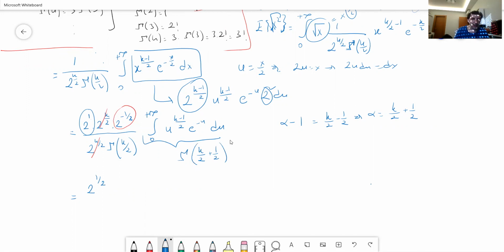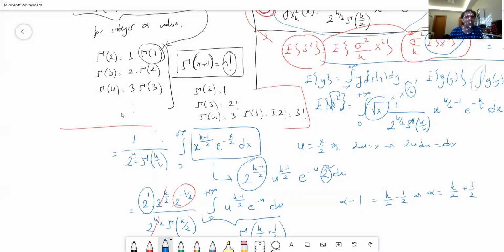Okay, and what else do we have here? We have this whole thing, k over 2 plus 1 over 2, divided by k over 2. Now, unfortunately, these will not cancel because we cannot put this into this form.